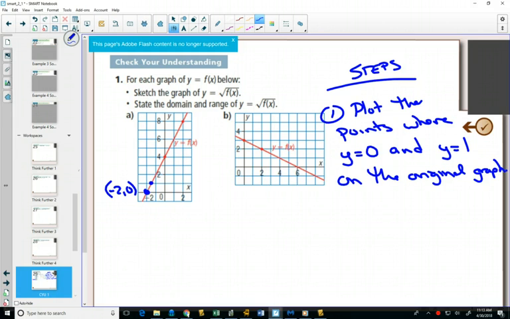It's not perfect on my grid. I might estimate, it looks like it's at -1.5, 1. That's probably a pretty accurate estimate. But it's not right on a grid point, and that can happen sometimes. So step 1, we're going to plot the points where y is equal to 0 and y equals 1 on the original points.